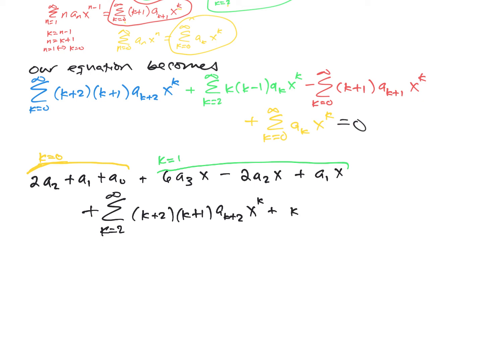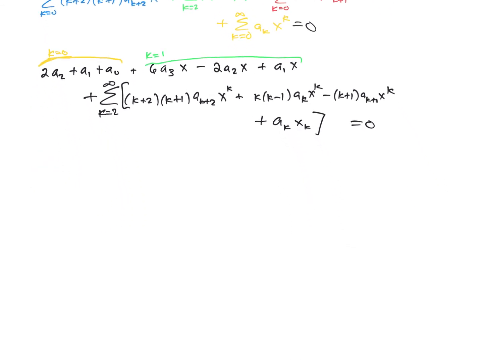So then k minus 1, a k x to the k, minus k plus 1 a k plus 1 x to the k, plus a k x to the k equals 0. And then the sum is around all of this stuff in brackets.